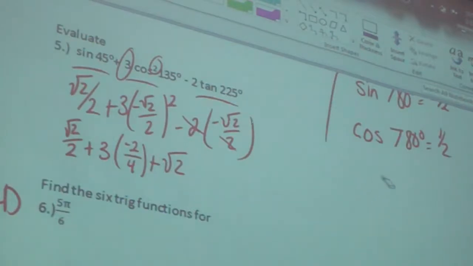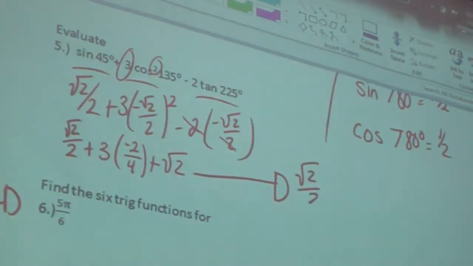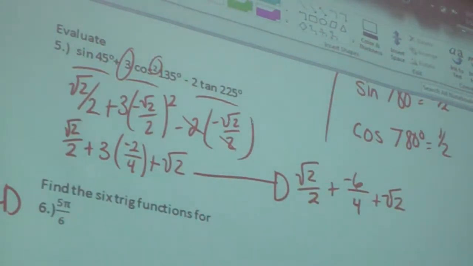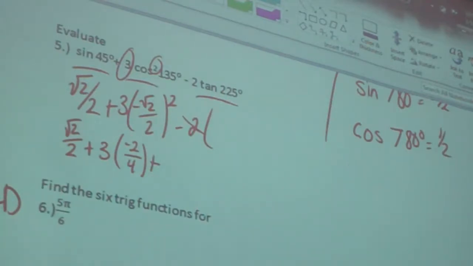Don't talk in class. Square root of 2 over 2 plus negative 6 over 4. Oh, you're right, I didn't do it. Back up, guys. You're right, I was thinking sine. Square root of 2 over 2.